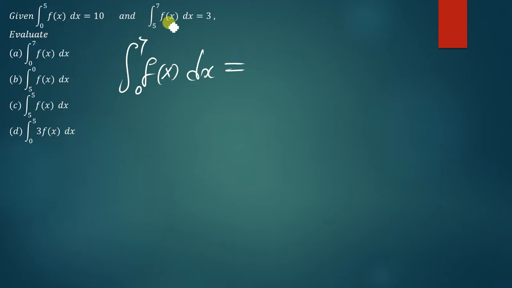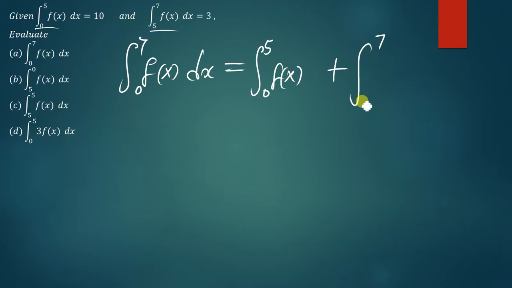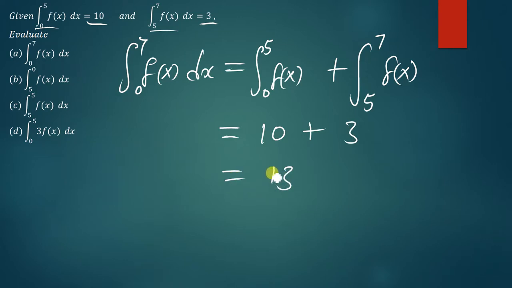So this is just the same as adding these two integrals, this one and that one. When we add these two, this is just the same as adding their solutions, which is 10 plus 3. So this gives us 13.